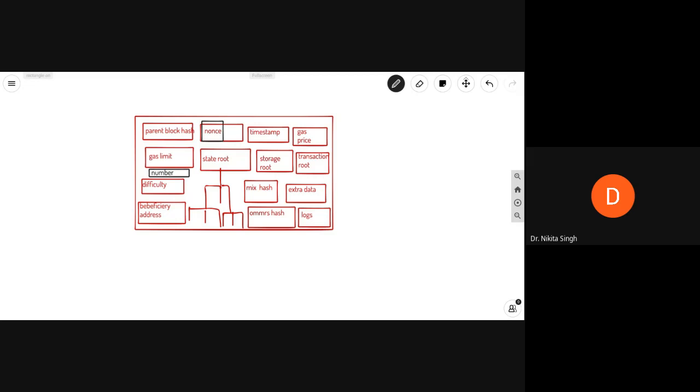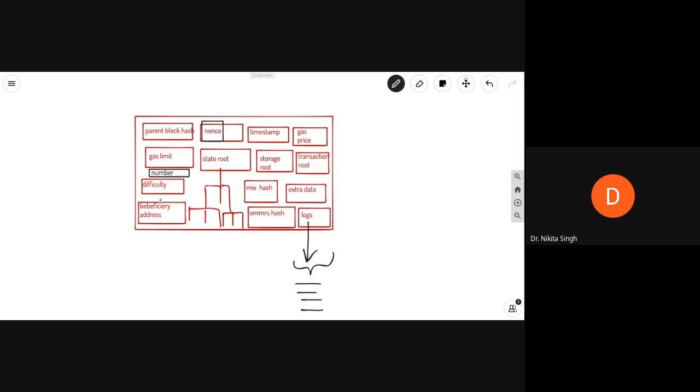Now, it may happen that because of an execution of a smart contract, several transactions are generated. Say hundreds of transactions are generated because the smart contracts execute. So it will preserve the log of all those transactions that are executed as a result of the smart contract. So log will contain that value.